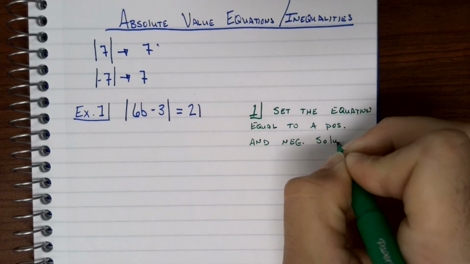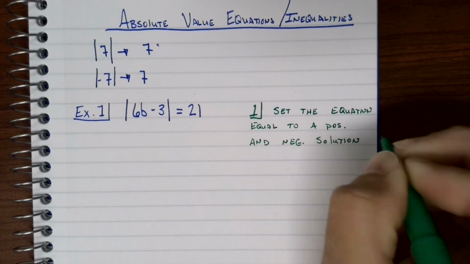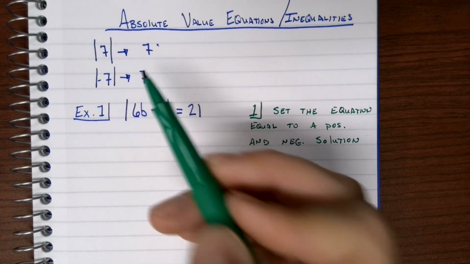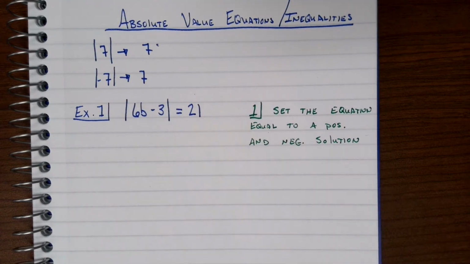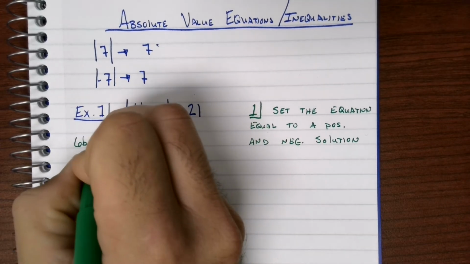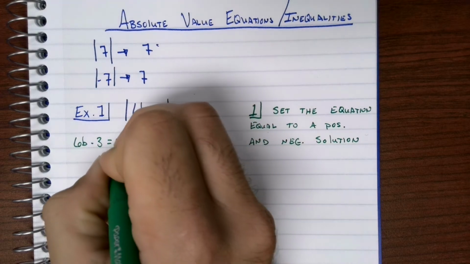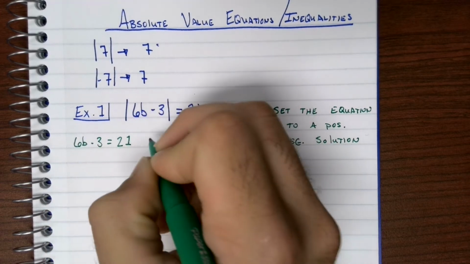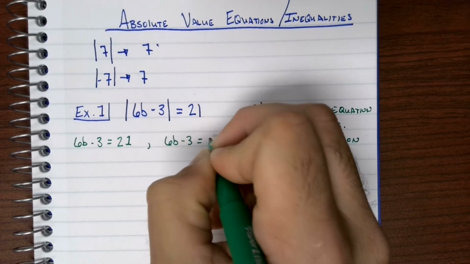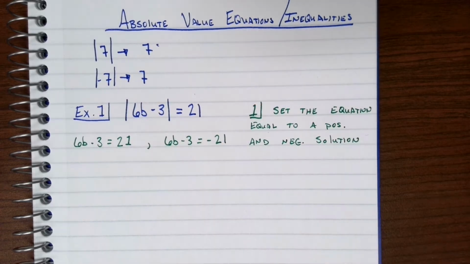Because remember, with absolute value, like we've shown up here, the absolute value of 7 is 7 and negative 7 is 7. So what I mean is we're going to have 6b minus 3 equals 21, and 6b minus 3 is equal to negative 21.